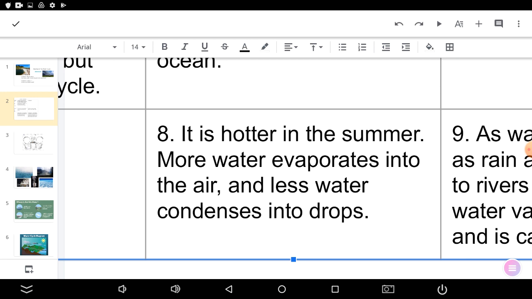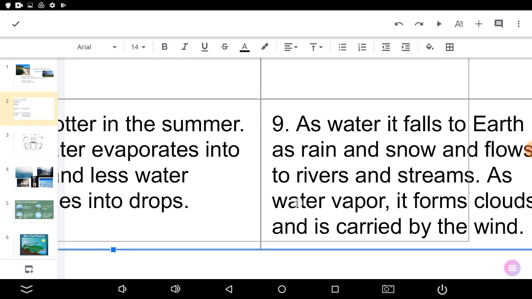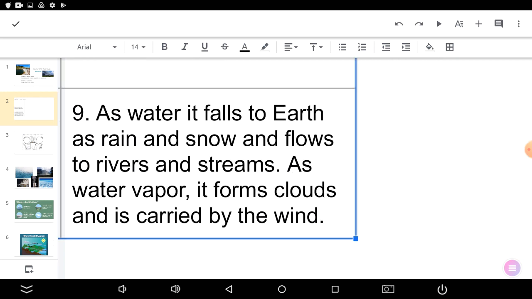Number 9. Think about what you learned in this lesson. How does water move through the environment? You could have said really anything about the water cycle here. Okay, the book put, as water falls to earth, as rain and snow, it flows to rivers and streams.